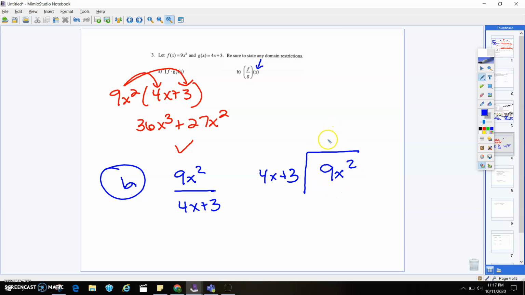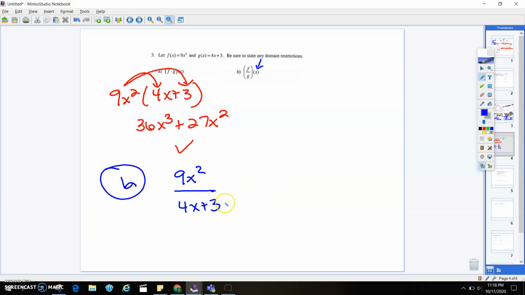And I would say that it goes in 2x times. And then I would bring that down, or I would subtract, and then that would give me x squared. And I would put x squared over that 4x plus 3. However, most of the time for right now, it's going to be written like this, okay, like normally.